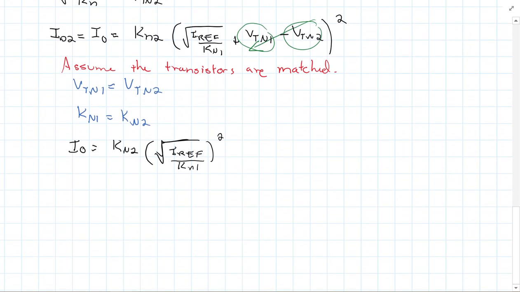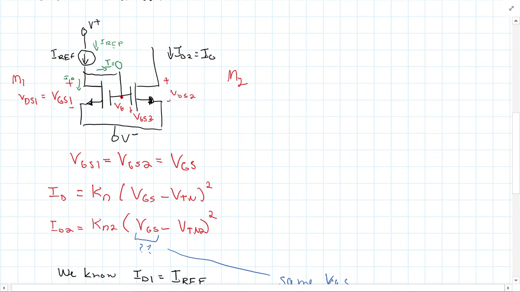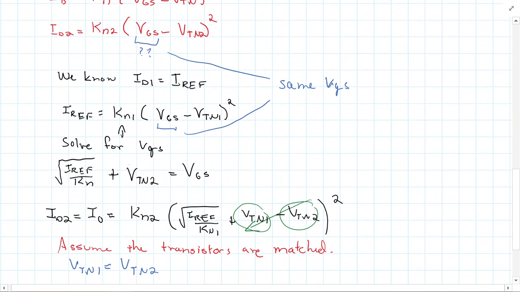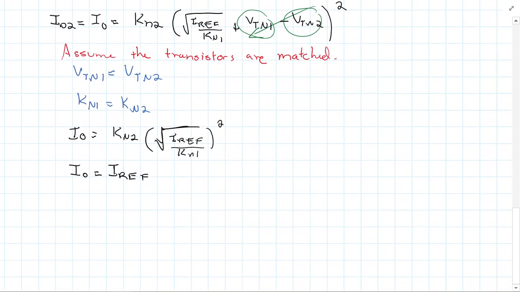Oh, but wait a minute. We got a square root that we're squaring, so I just get rid of it, and we're assuming Kn2 is equal to Kn1, so we cancel those out, and we wind up with I out is equal to Iref. So in this case, we actually get for the MOSFETs that Iref is just equal to I out. So we actually get a nice current mirror application here. But that's again assuming the transistors are matched.